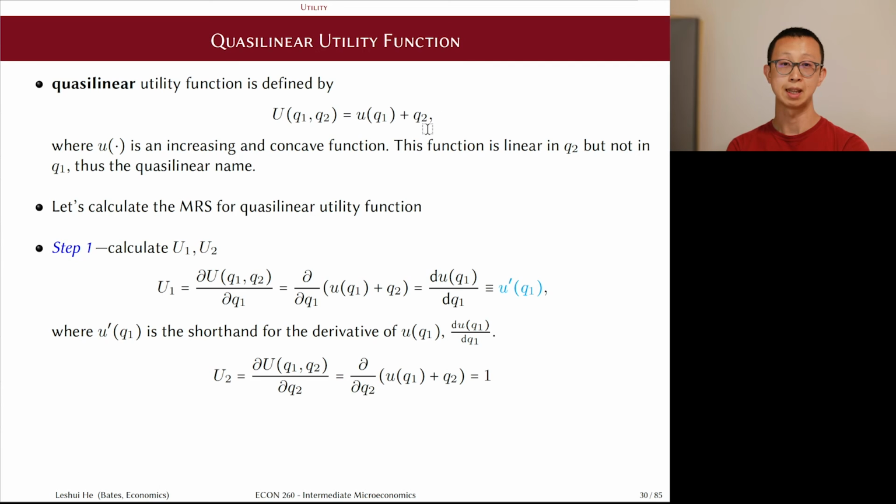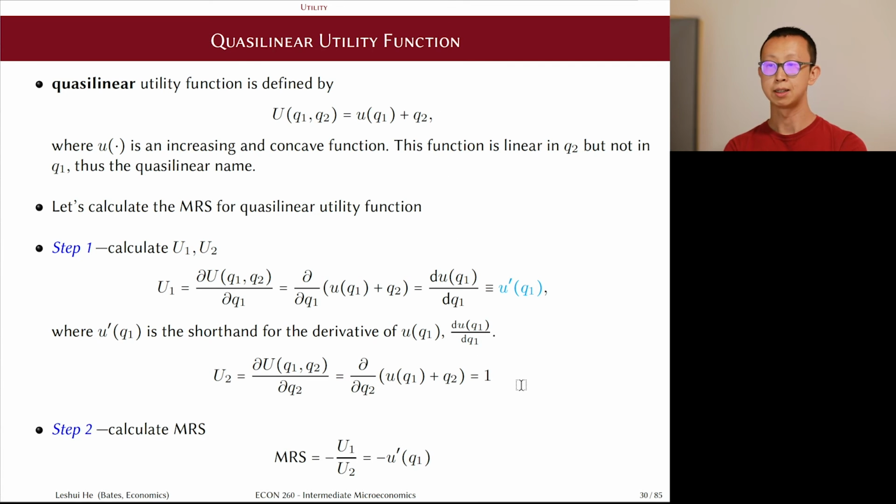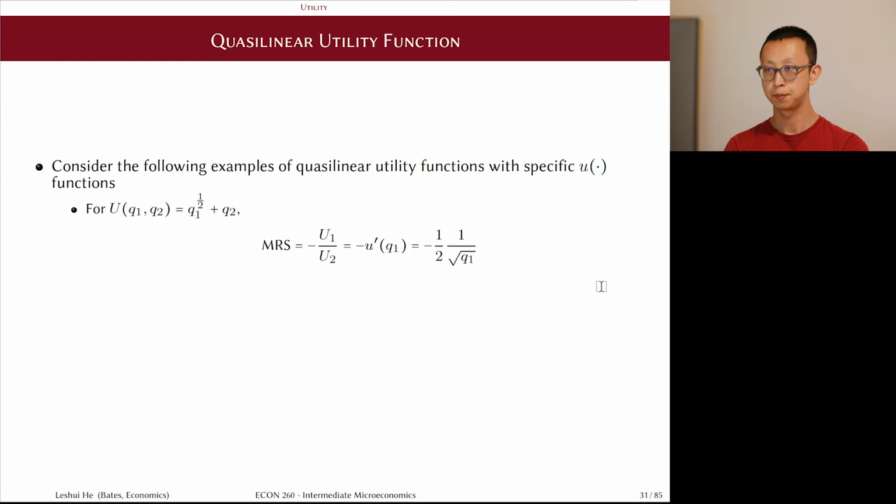You can simply see that from this utility function here. So, in fact, the marginal rate of substitution for the quasi-linear utility function is particularly simple. It is just the marginal utility of good 1 with the negative sign in front. And that's it. Now let me give you an example of a particular quasi-linear utility function.